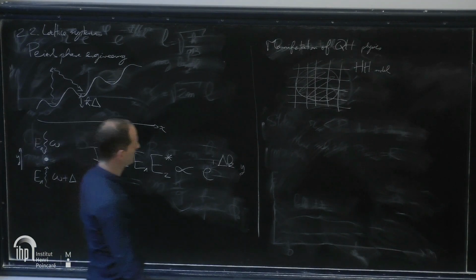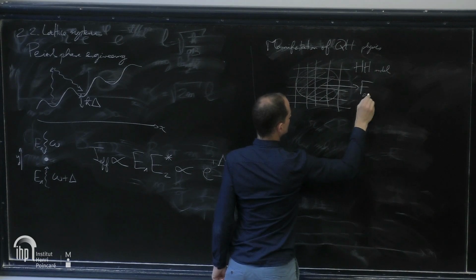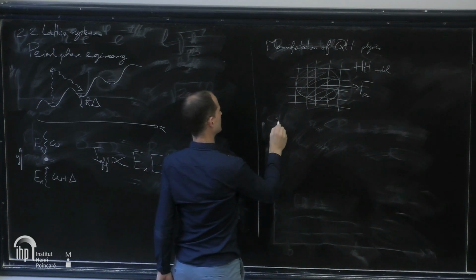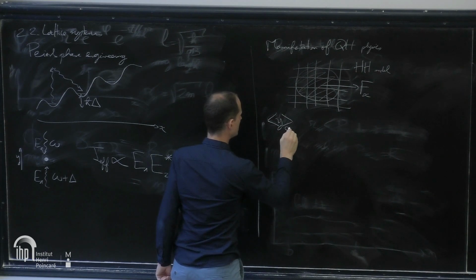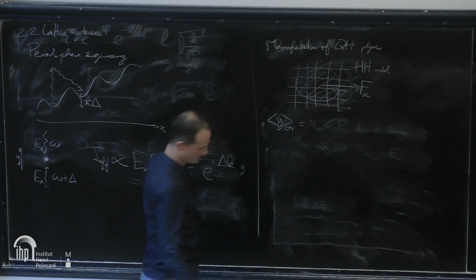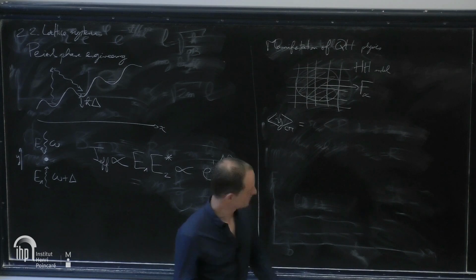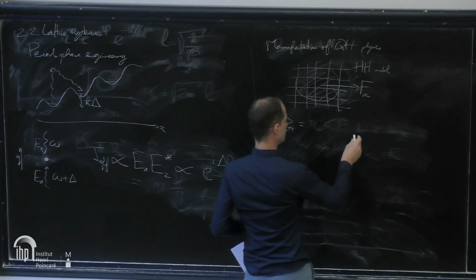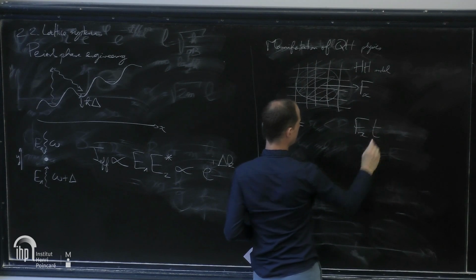And then they applied a force along the X direction, and then they were measuring the drift in the transverse direction. So the evolution of the mean value of Y, so I mean the center of mass position. And so they were measuring the Hall drift. So Y was evolving proportionally to the force Fx and to time.